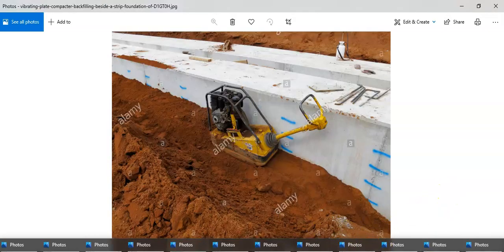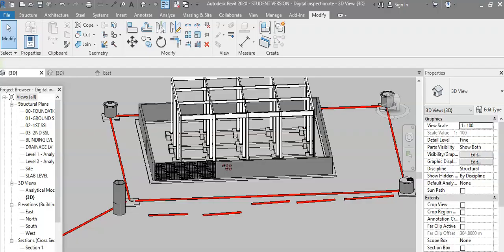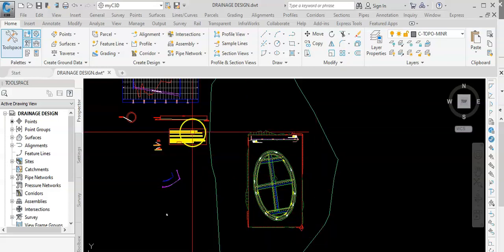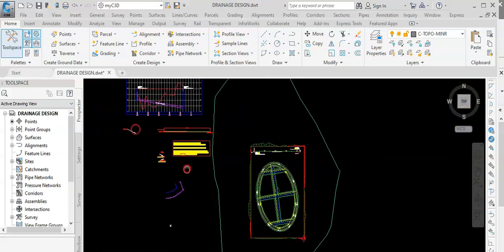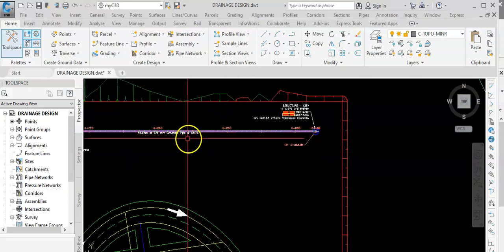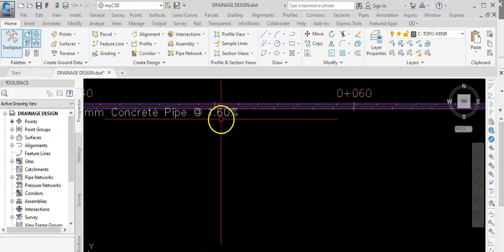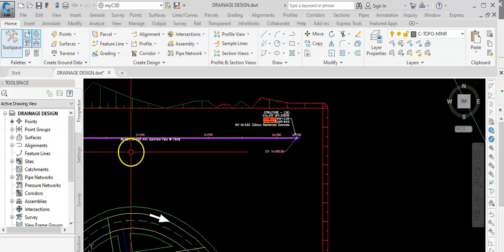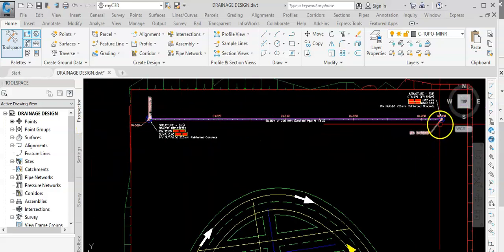So now we have a good idea about how to lay pipes and what material we use, how we compact it, and what it is all about, the slope, how we use the slope, what these figures are, 1.6%, the length between manholes.